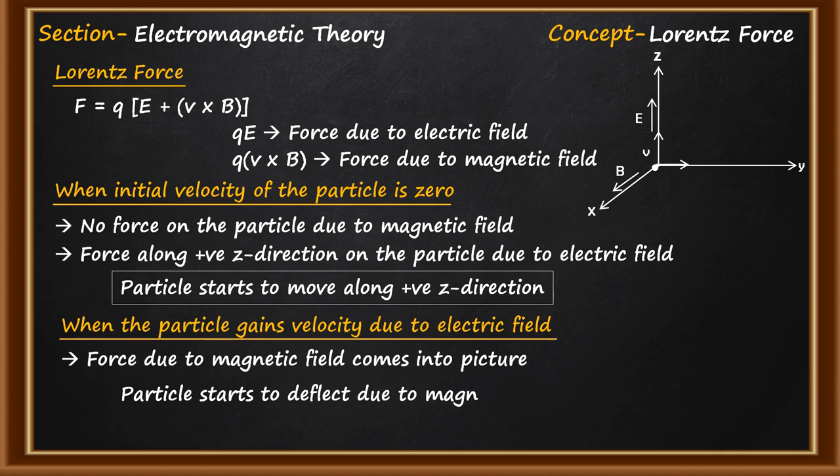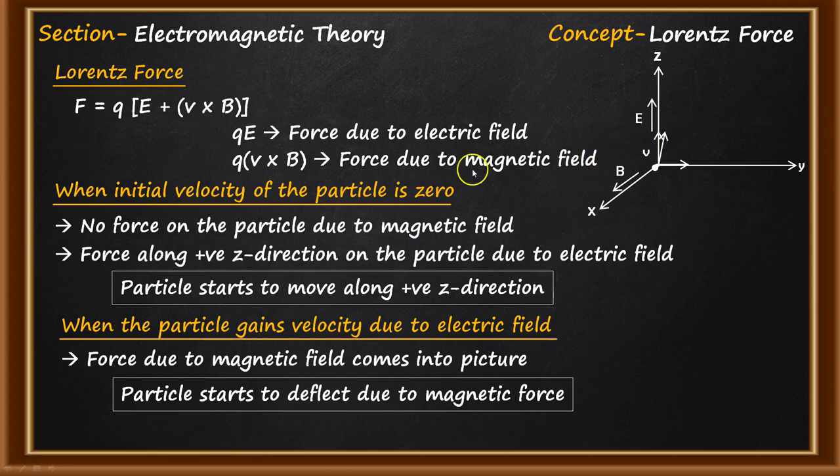Now you need to understand this thoroughly. First of all, we know the direction of the magnetic force is perpendicular to both V and B, and because of this it will be initially along the y direction. The reason I say initially is that once this force changes the direction of the particle, that is, it starts to deflect, the velocity direction is changing.